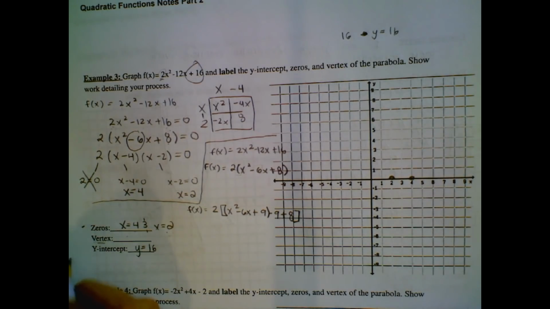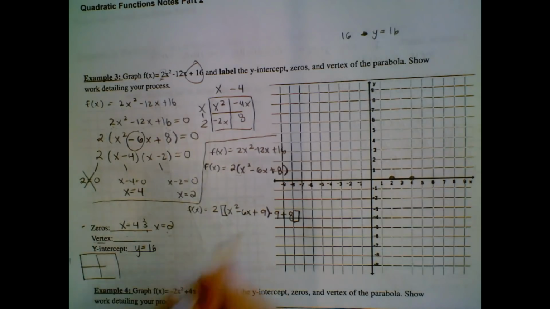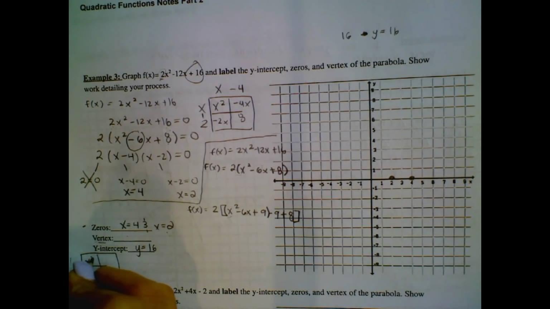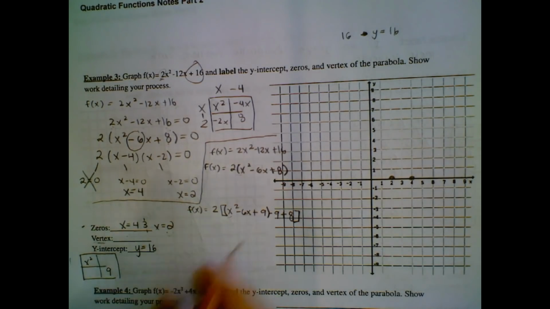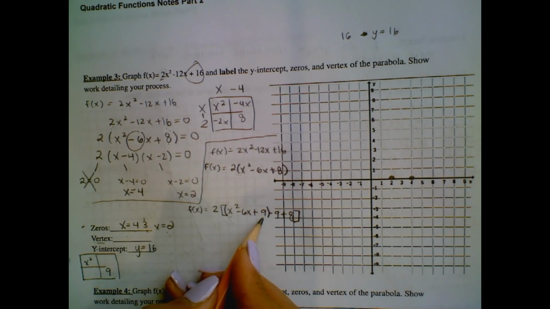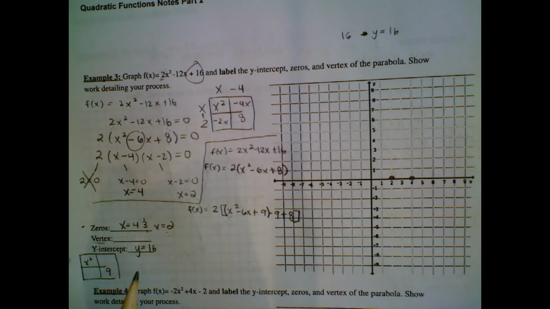Let me do it right here. You should be able to see this. So it's going to be x squared and then positive 9. So what multiplies to give me positive 9, but adds to give me negative 6? Negative 3 times negative 3 is positive 9, and negative 3 plus negative 3 gives me negative 6.